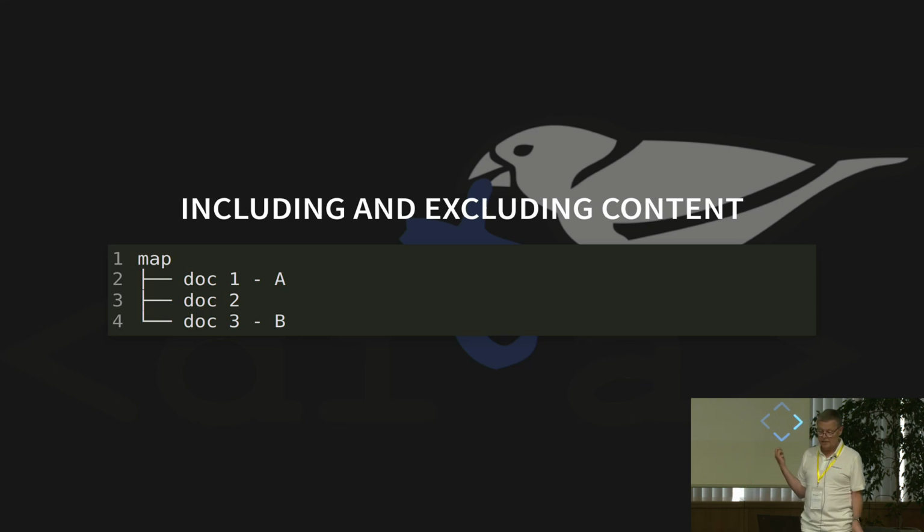So here, in this case, we've got a map linking to 3 topics. The first one applies to product A. Second one doesn't have a profile, so it applies to everything. That's the logic. If it doesn't have a profile, it always applies. It's always included. And doc 3 here, the third topic, is about product B.